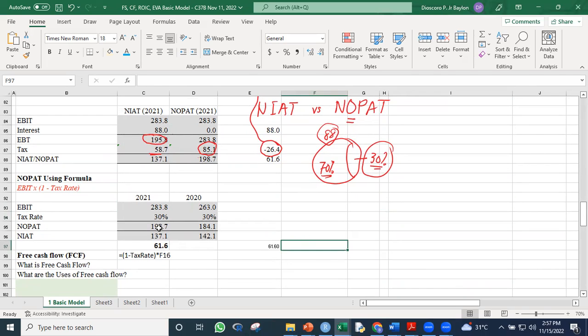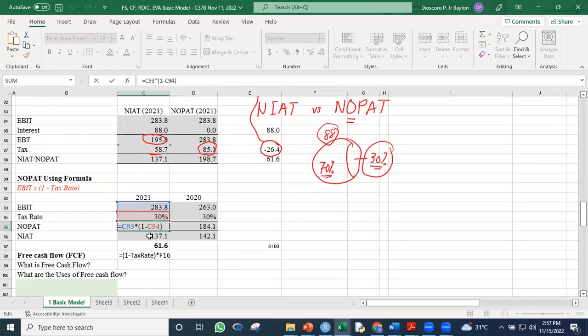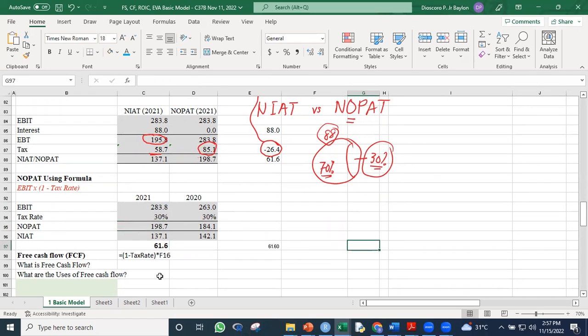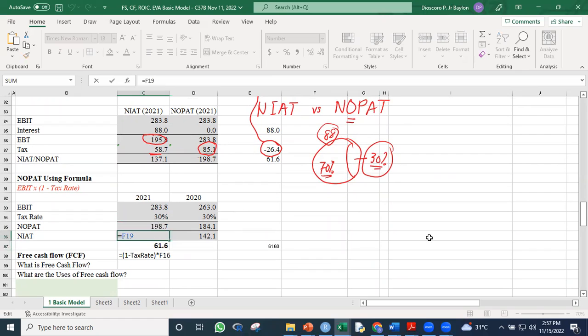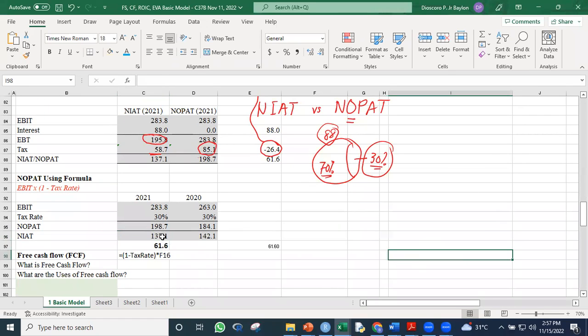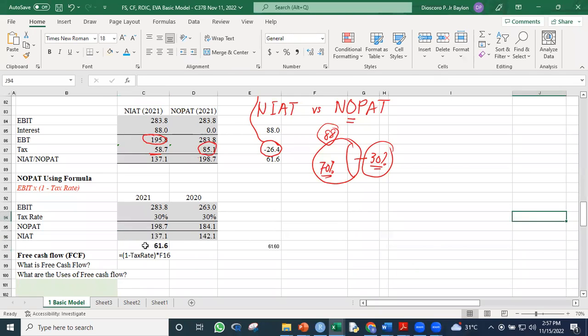So your NOPAT will be your EBIT times 1 minus tax rate, as against your net income after tax, which we're just copying from above. The difference between your NOPAT and your net income after tax in 2021 is 61.6, which is this one. If we go to 2020, the difference is 42.